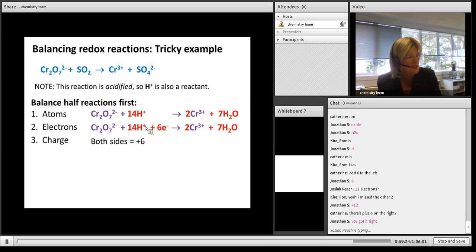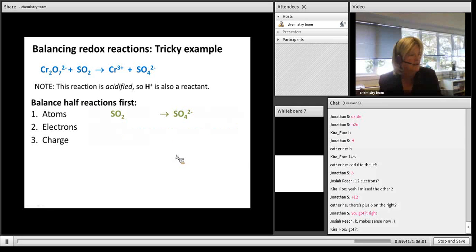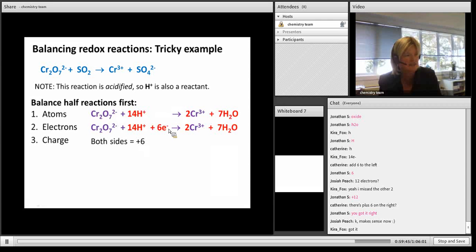I've got 2 negatives there, 14 positives there, but my overall charge on this side must be plus 6. I need 6 negatives there to make this total charge a plus 6, because that side's plus 6.